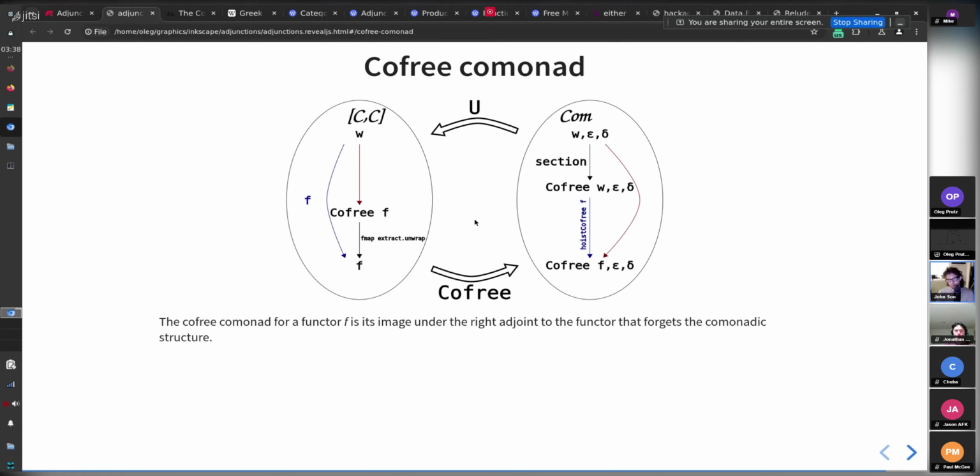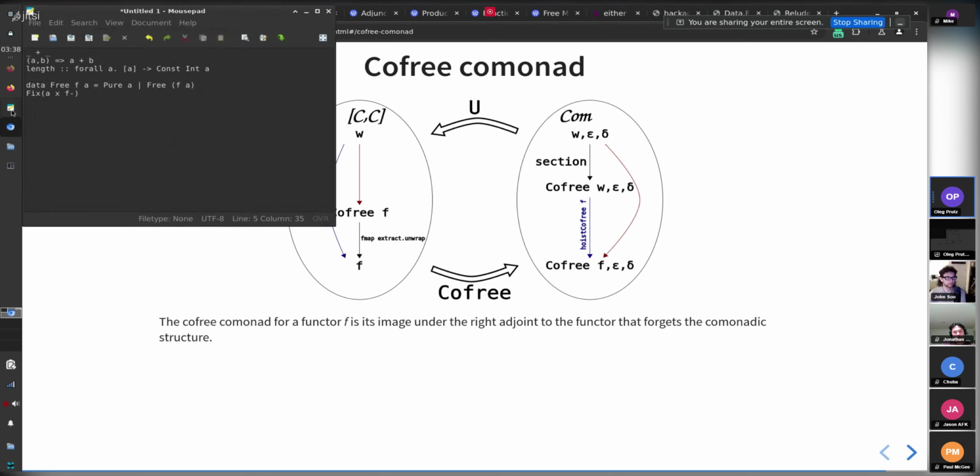Okay. Yeah, so if you have a W of A, you can apply extract to it and get... yeah, let's take a look at the definition actually.